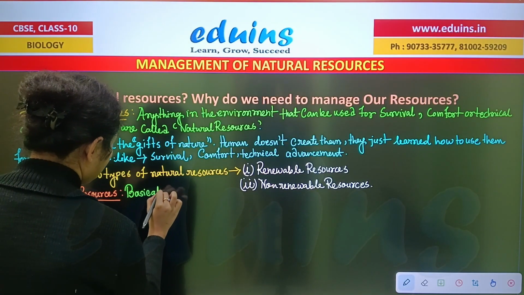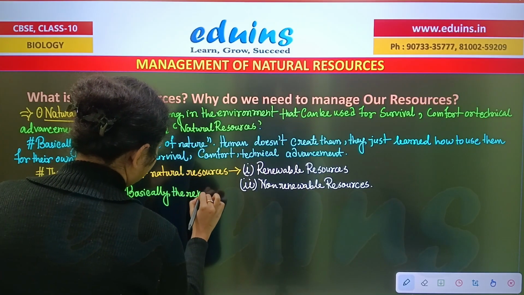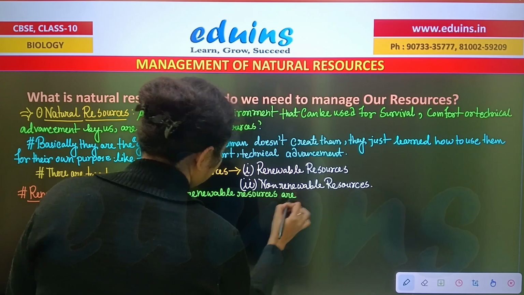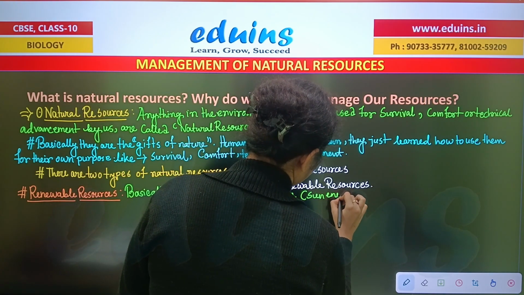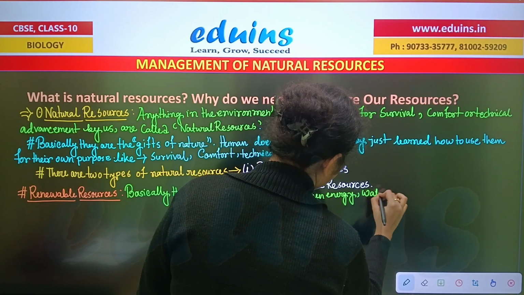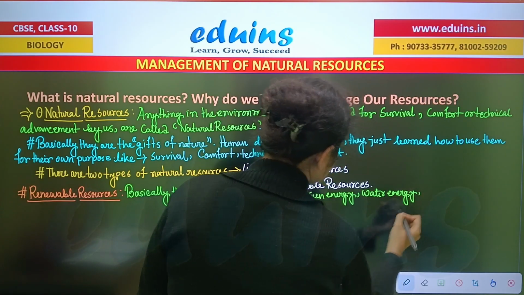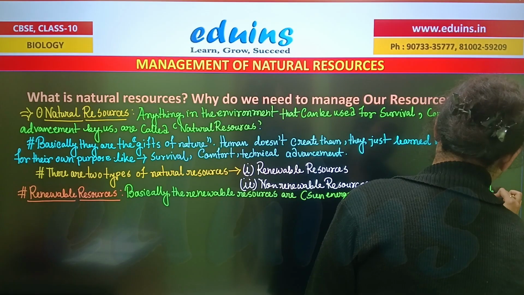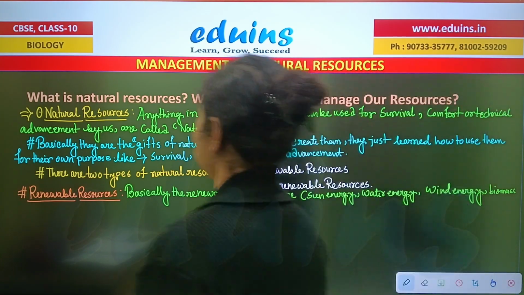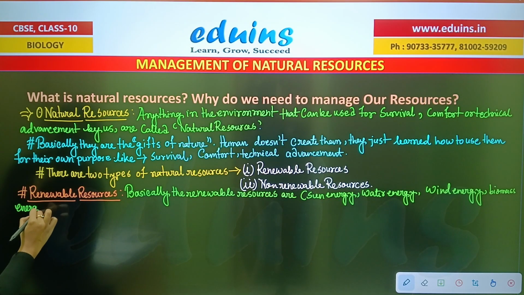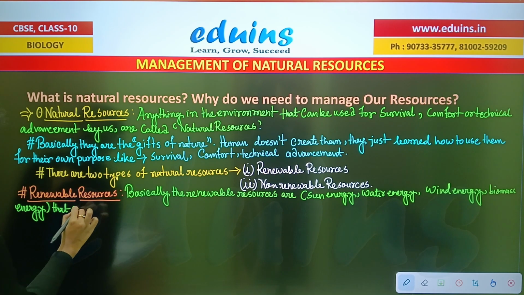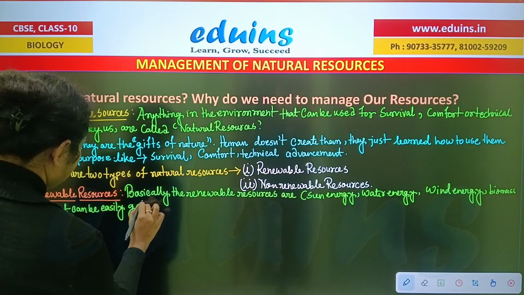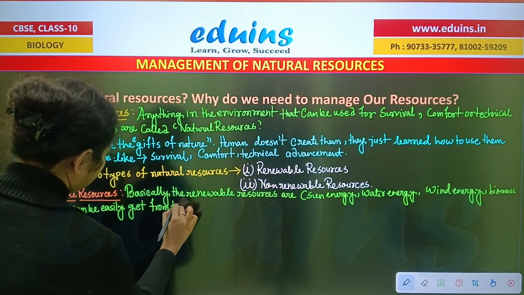Basically, the renewable resources are sun energy, water energy, wind energy, biomass energy, that can be easily gotten from nature.